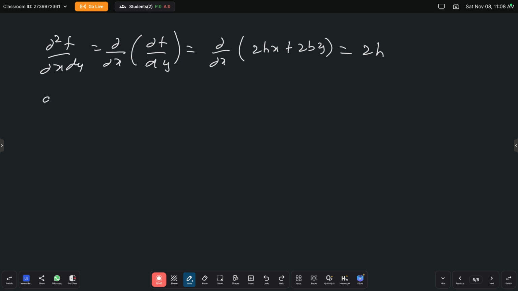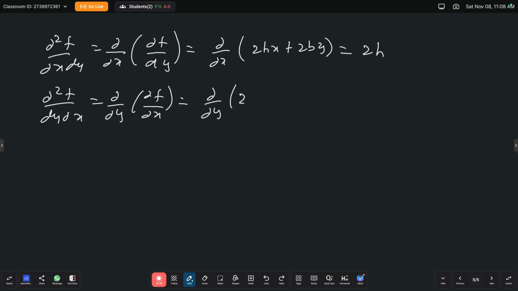Similarly, ∂²f/∂y∂x is equal to ∂/∂y of ∂f/∂x. ∂f/∂x is 2ax + 2hy. With respect to y, x is a constant. So that's why 2ax gives 0. ∂y/∂y is nothing but 1, therefore 2h.